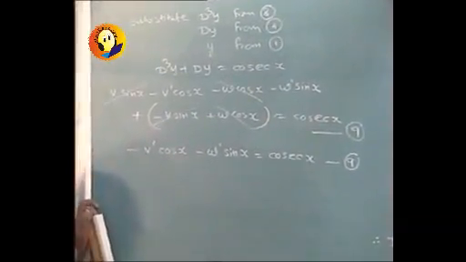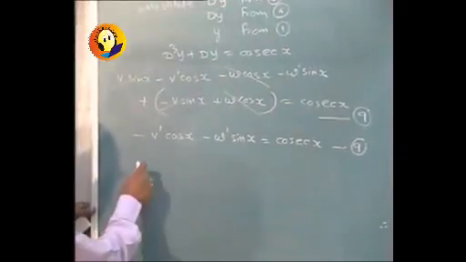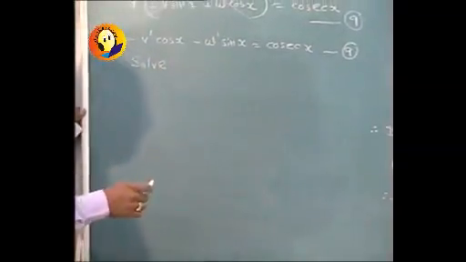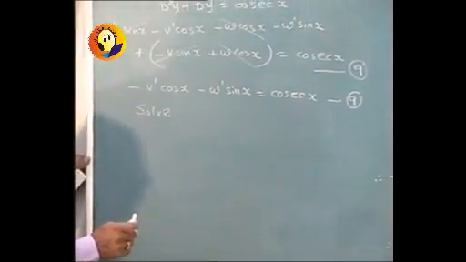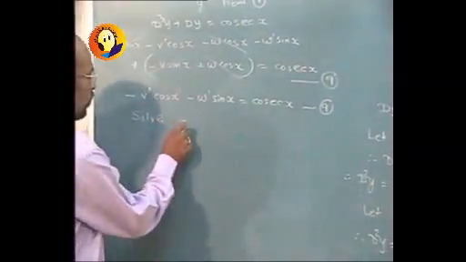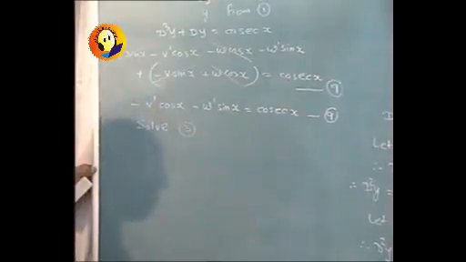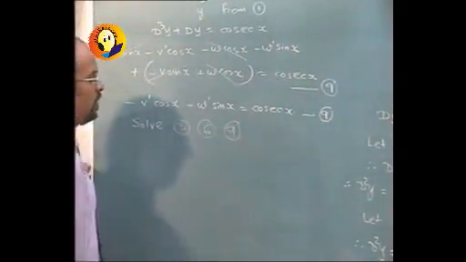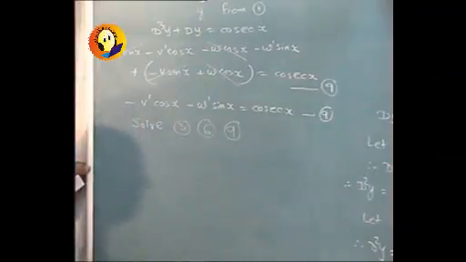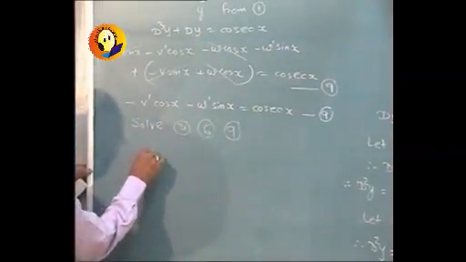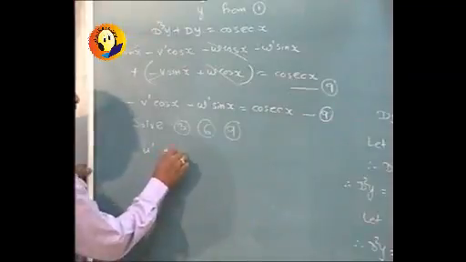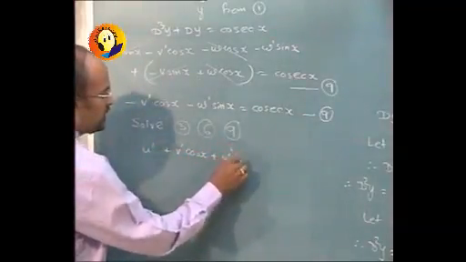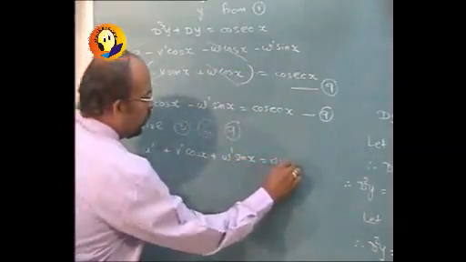And now we are required to solve simultaneously. Equations 3, 6 and 9, that is assumption 1, assumption 2 and equation 9, are to be solved simultaneously, and these equations are respectively u dash plus v dash cos x plus w dash sin x equal to 0, equation number 3.